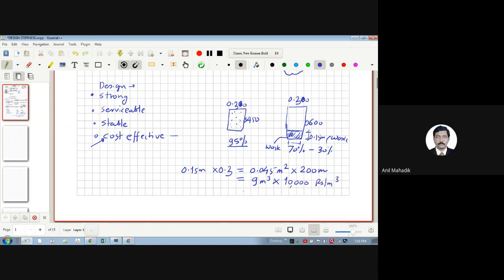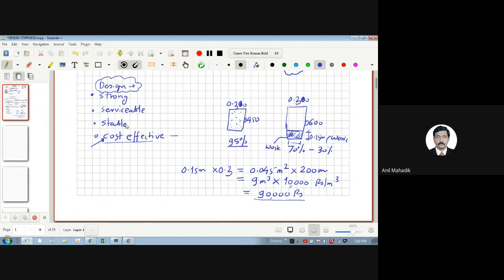So how much is the cost? 90,000. That means you are putting extra 90,000 rupees. So it is really not a good solution. Unnecessarily don't put extra material. Unless your design is cost effective, it is really not a good design, I would say.